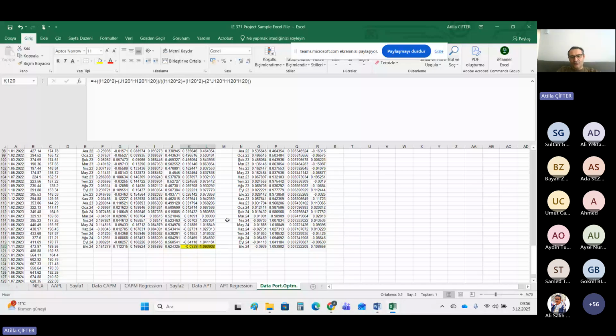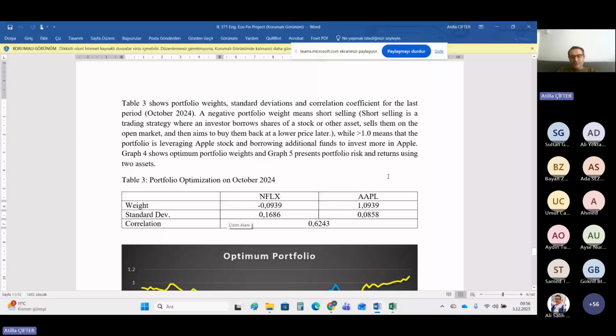The question is how a weight can be negative? Although you don't have the stock, you can sell this stock, which in Turkish is açığa satış, okay? It's like a negative value, but the sum is equal to 1, as you can see. So what does it mean?